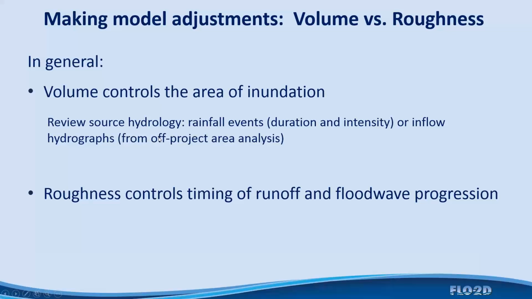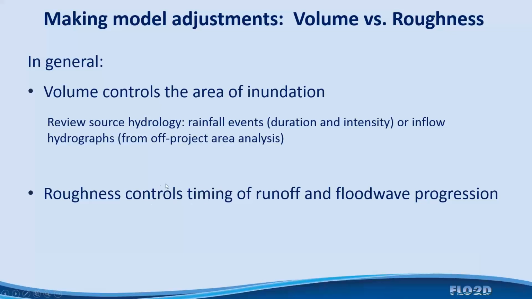Another model, say HEC-1 or HEC-HMS, is developing your hydrology. So it's the volume that controls the area of inundation. Look, if you don't like the results in terms of the area of inundation, look at your source hydrology or inflow hydrographs first. Conversely, the roughness basically controls the timing of the runoff and the floodwave progression.